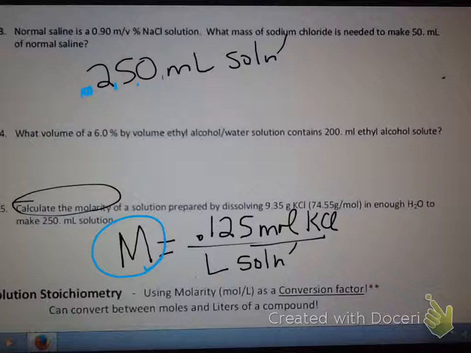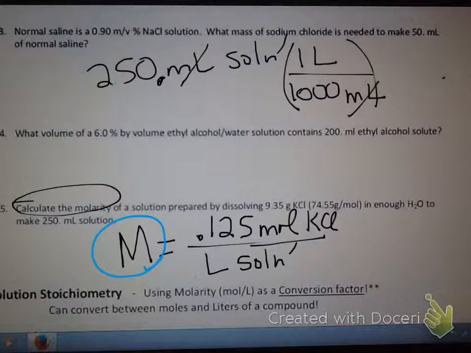Now why did I divide by 1,000? Well, this goes back to the conversions. And hopefully now you remember all your metric conversions because they're so important in this class and in chemistry or in science in general. But remember that for every 1 liter, you have 1,000 milliliters. So I've got milliliters on top and milliliters on bottom.